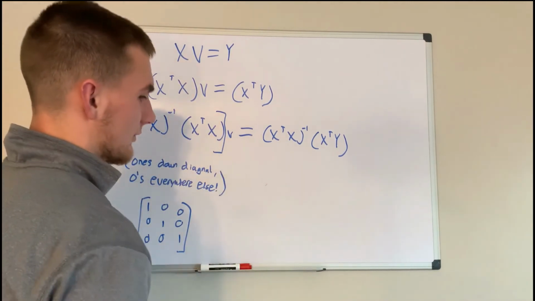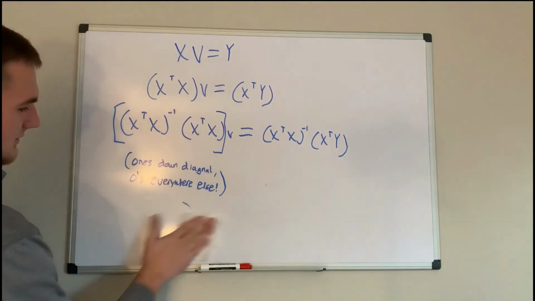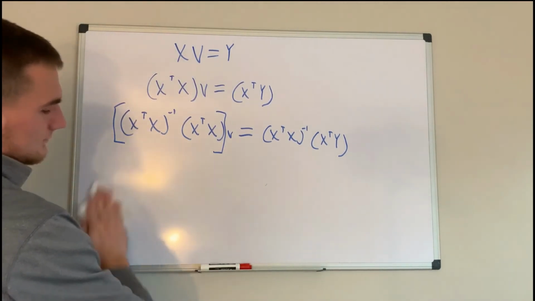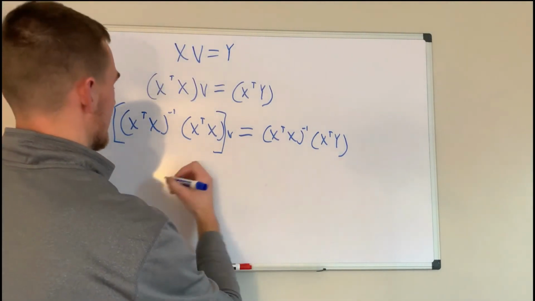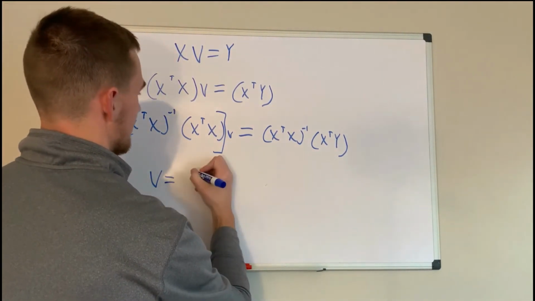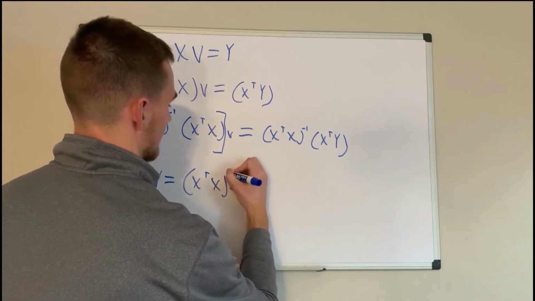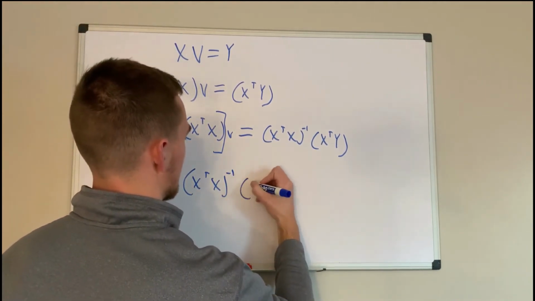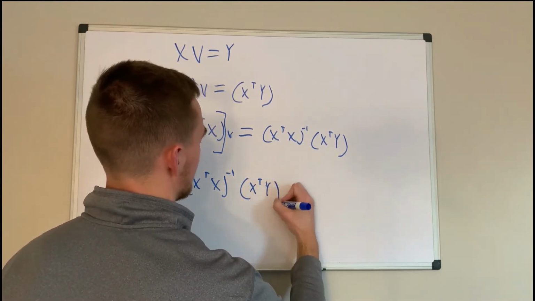So we go ahead and erase this. We are left with just this equation, which is V equals the inverse of X^T X times the transpose of our design matrix times the Y matrix.